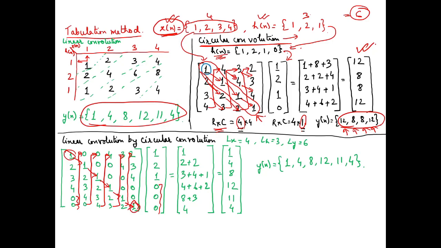Till then you just rotate the numbers, and when you have done this, you see we have got that magic sequence of y. So this is called the implementation of linear convolution by circular convolution.